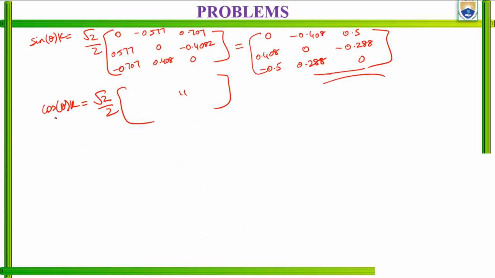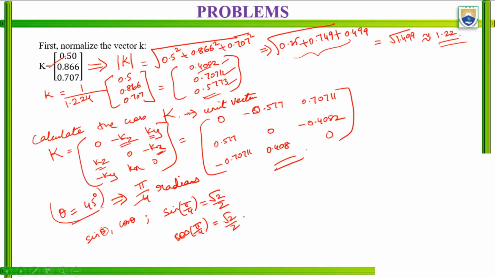So when we insert cos theta of k with respect to root 2 by 2, we will be getting a matrix: 0, 0.577, 0.707, 0.577, 0, minus 0.4082, minus 0.707, 0.408 and 0.